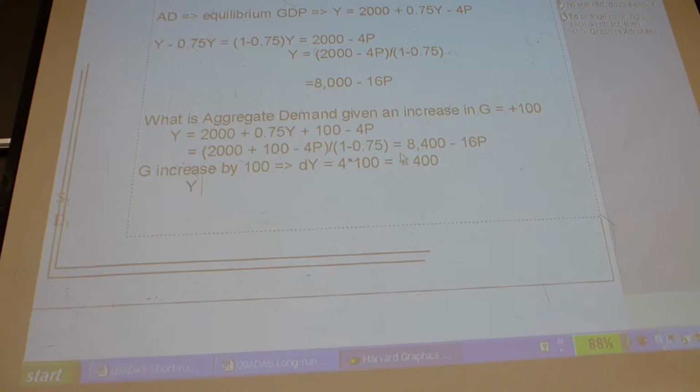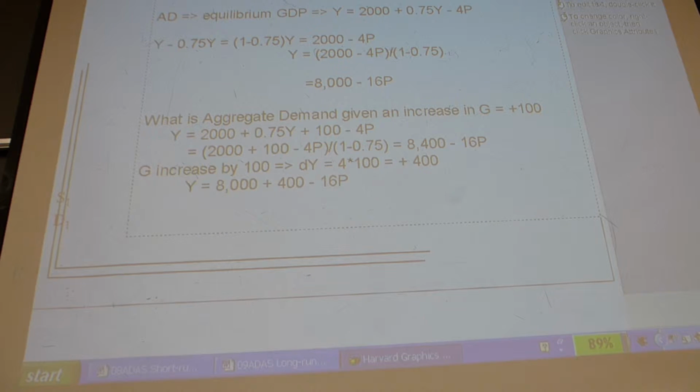So now y equals 8,000 plus 400 minus 16p, right? So that's another way of getting it, 8,400. So that's how aggregate demand is going to behave.